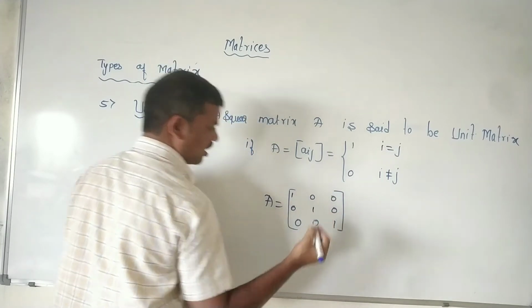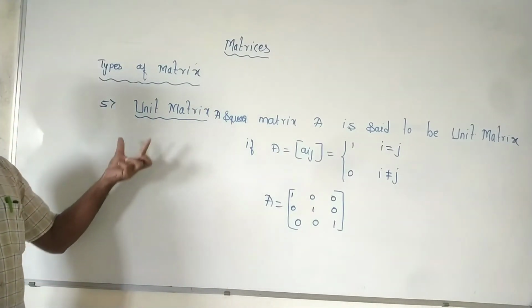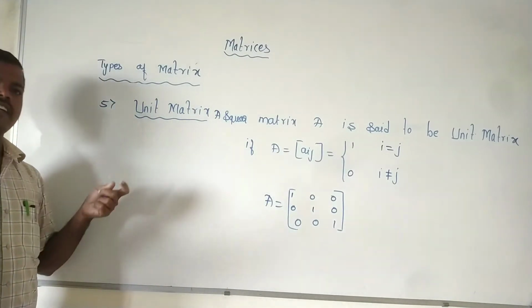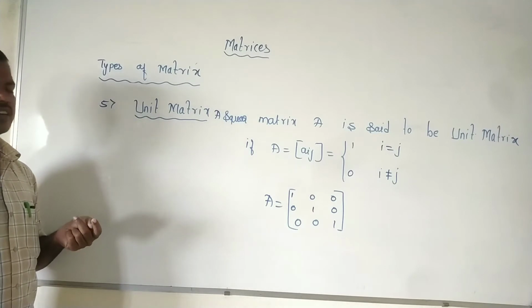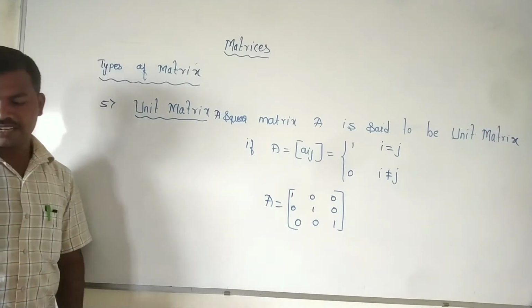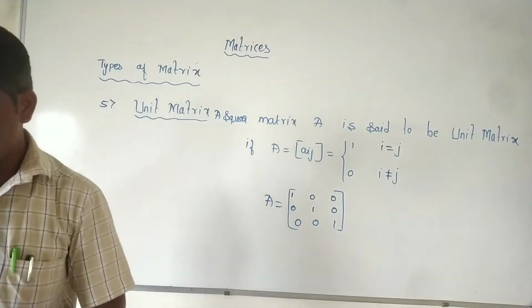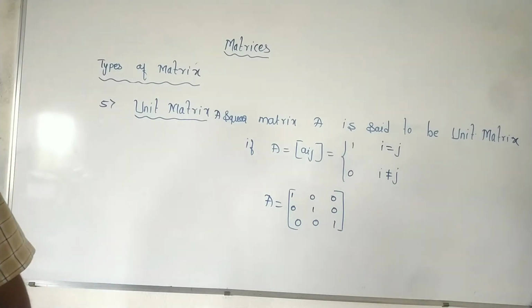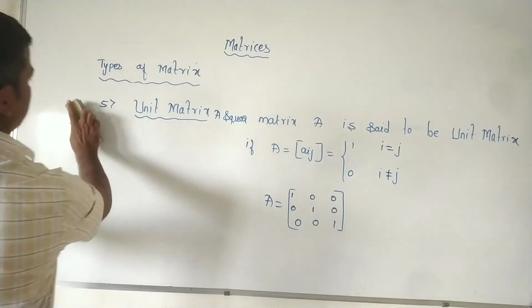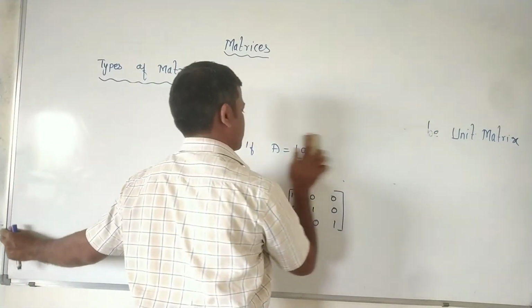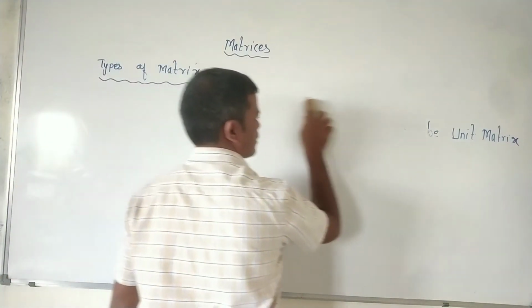This is called a unit matrix, and we also call it an identity matrix. Next, another type of matrix which we have to study, the last type, is the submatrix.